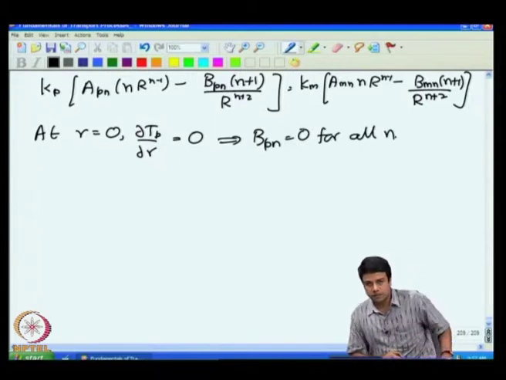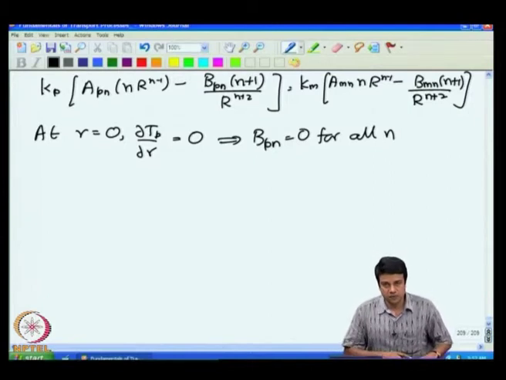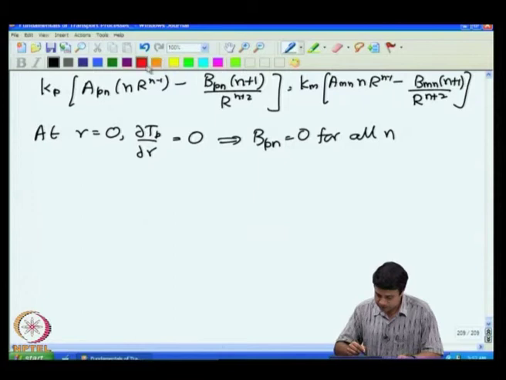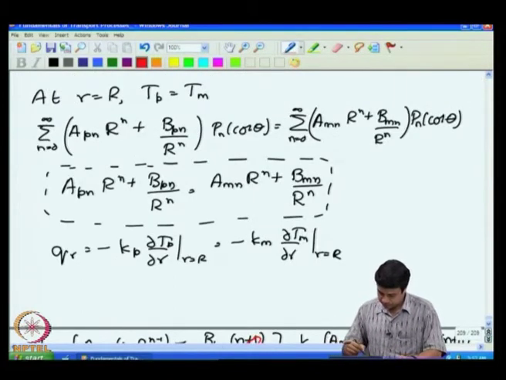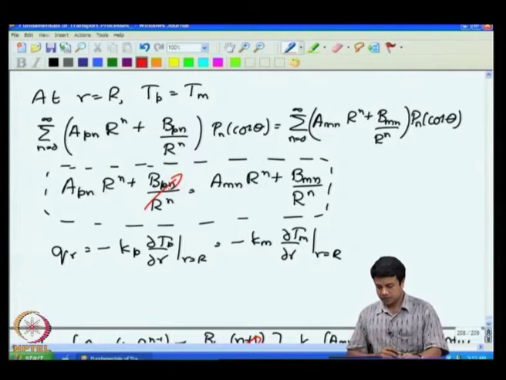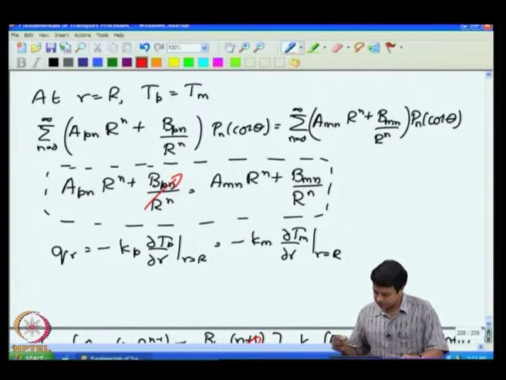Therefore, these terms basically cancel out in these conditions. Within the particle, you can have only growing harmonics, because the decaying harmonics go to infinity at the center of the particle. How about the matrix?